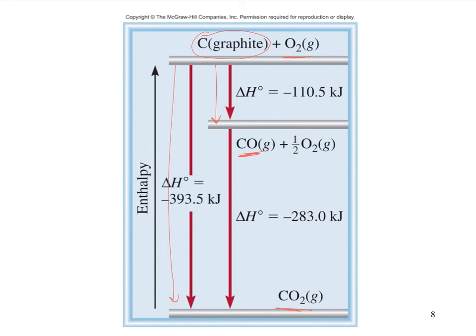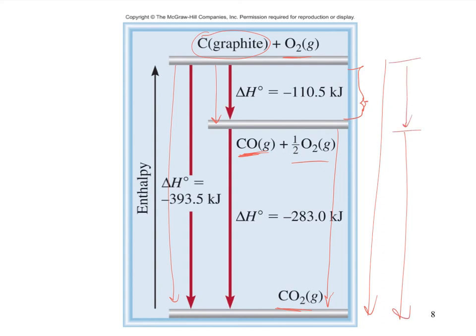We can also burn carbon monoxide in oxygen to get carbon dioxide. So to get this part, we take this part and this part. The difference is what we want. That's based on Hess's law in thermodynamics. Okay, I hope this is clear enough, and thank you for watching.